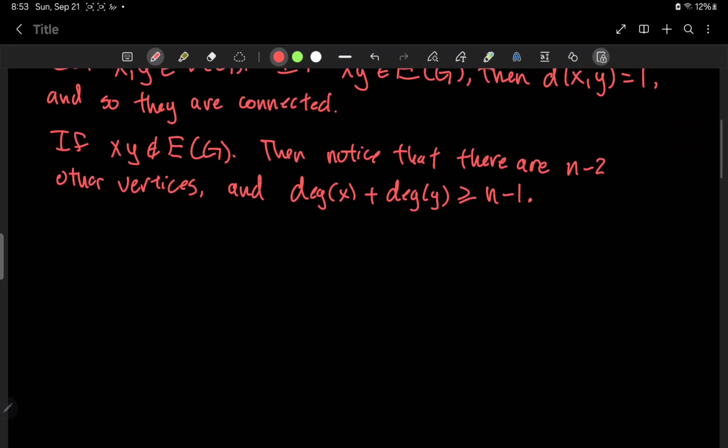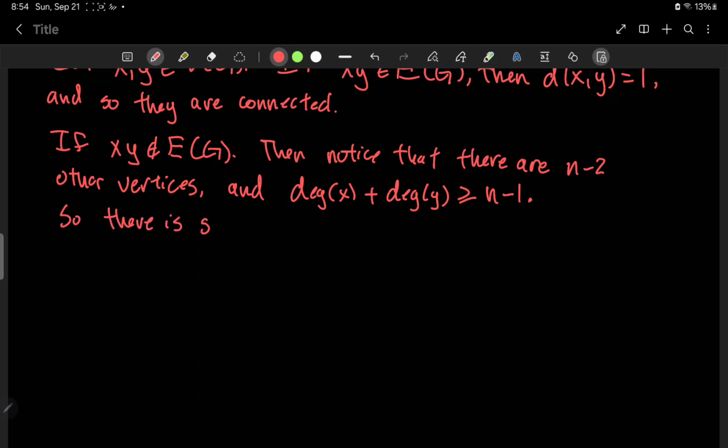What does this mean? This means that at least one vertex is connected to both x and y by the pigeonhole principle.